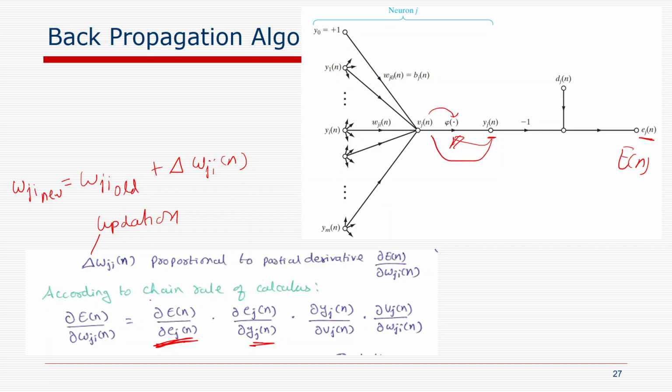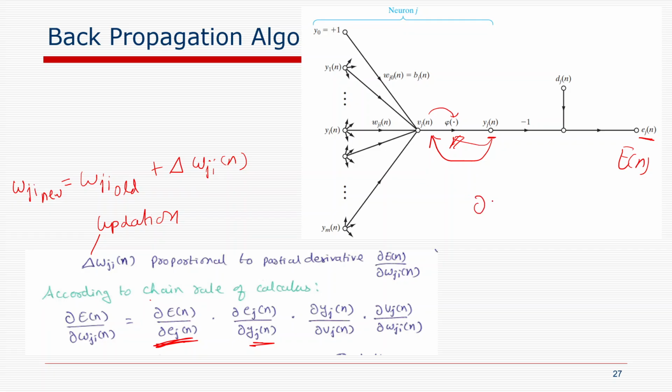Therefore, yj will be coming from vj. Therefore, differentiation of yj of n with vj of n, and then vj of n with wji. That is, look at the diagram and then look at how we are doing it.